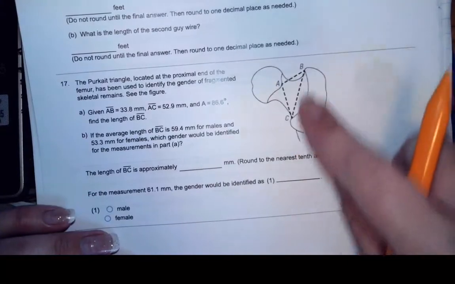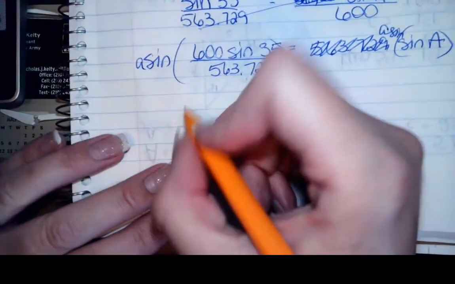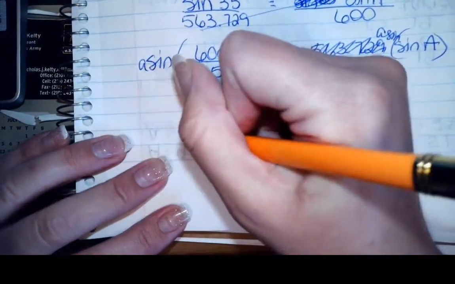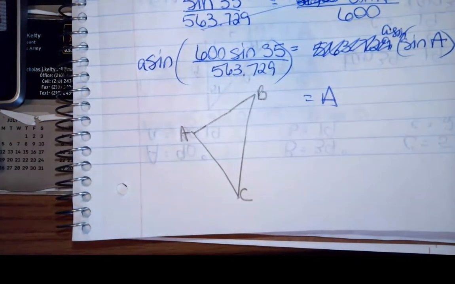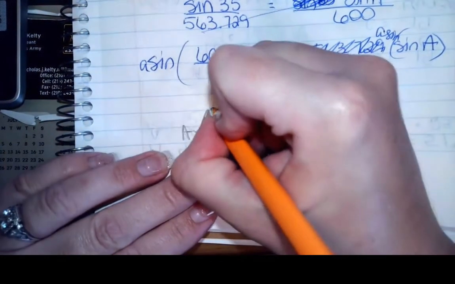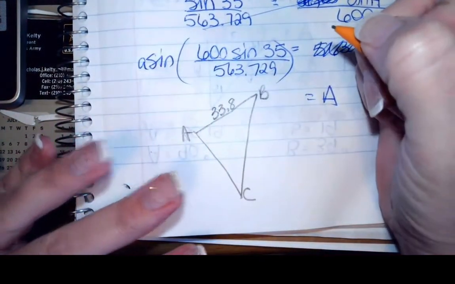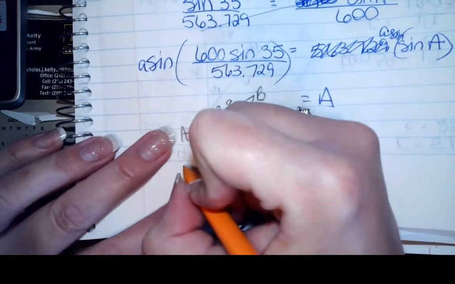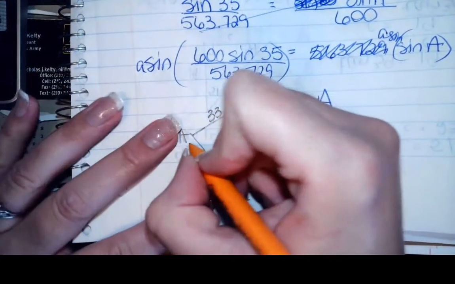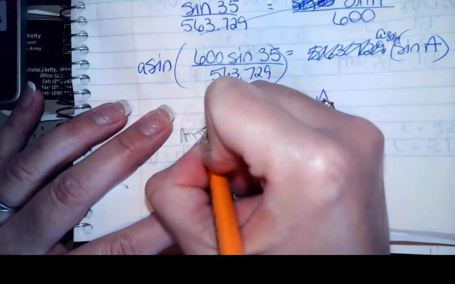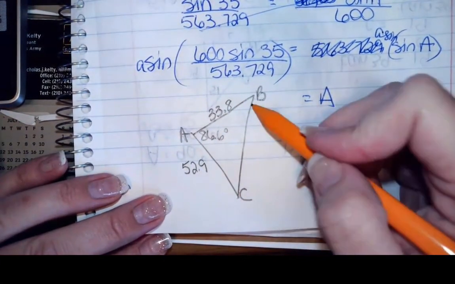So I'm going to draw this A, B, and C. So here's A, B, and C. And it says, given that AB is 33.8 millimeters, given that AC is 52.9 millimeters, and angle A is 86.6 degrees, I would like to know what the length of BC is.